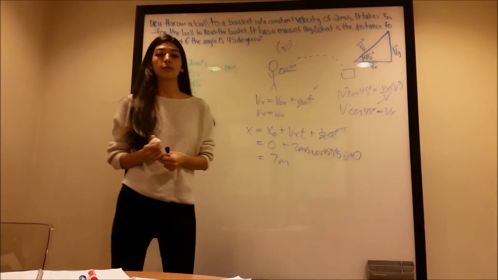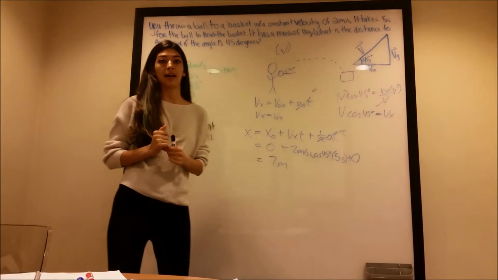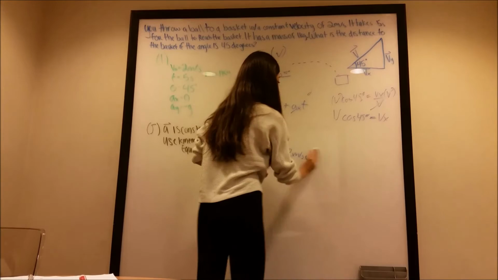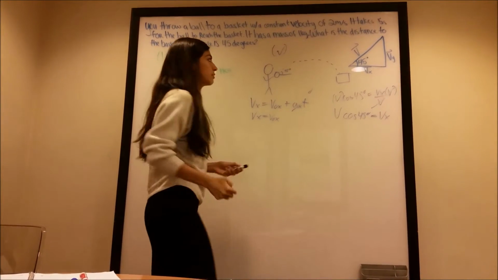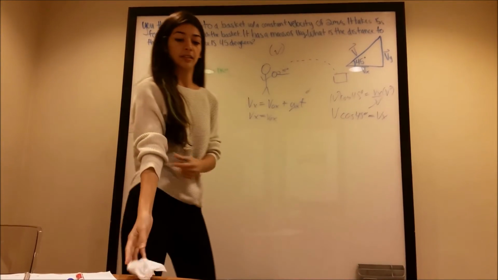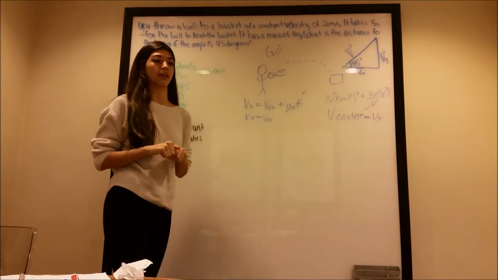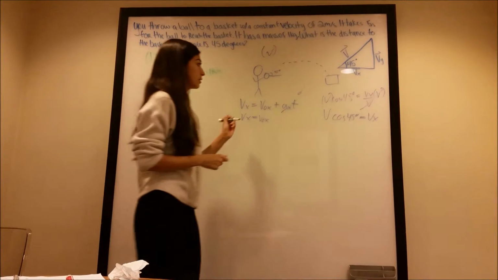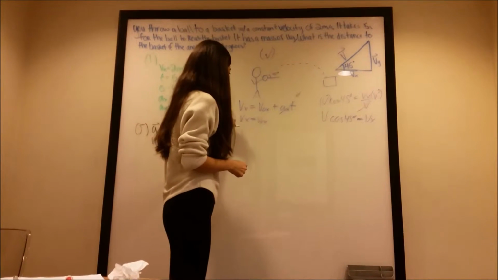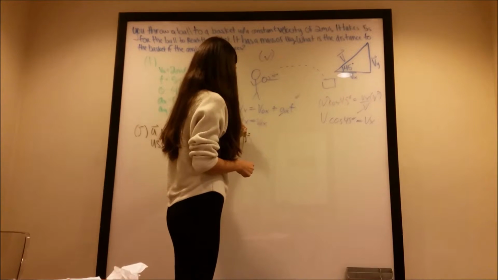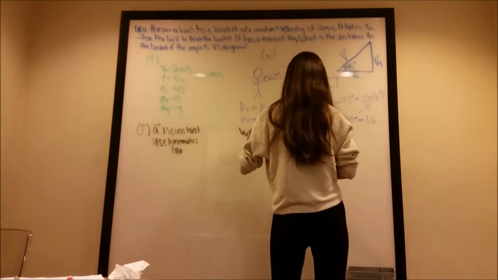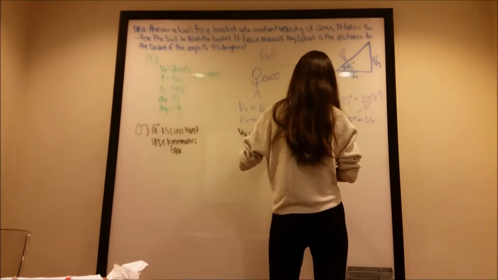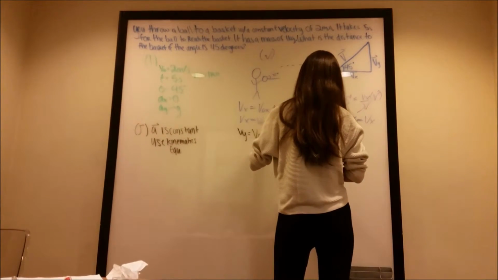Okay, so now I'm going to go over alternate ways students may have solved this problem. We're given an angle of 45 degrees, so we know we have to find velocity in the x direction, but students may have also solved for velocity in the y direction. So if they did that, they would have gotten v of y equals the initial y plus acceleration in the y direction times time.